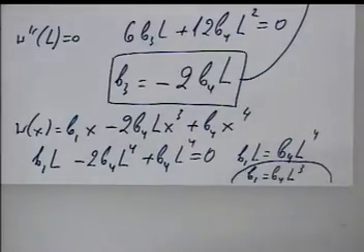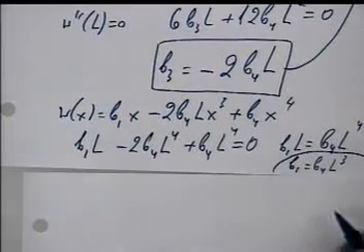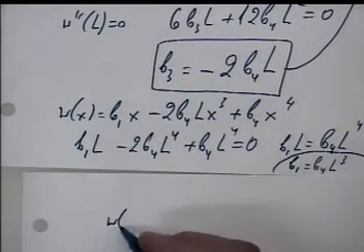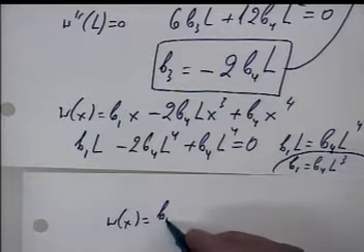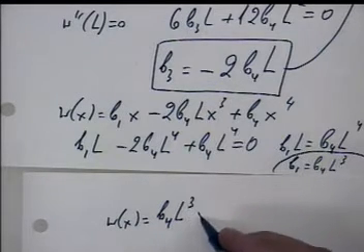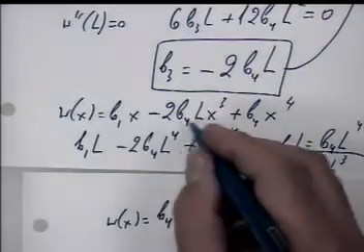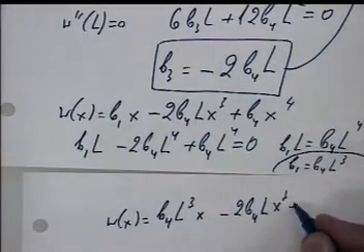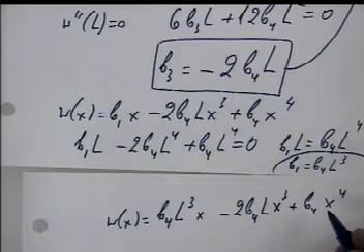So if that is the case, then W equals what? W of x equals B1 times B4 L cubed x minus 2 B4 L, I'm just rewriting, x cubed plus B4 x to the fourth power.